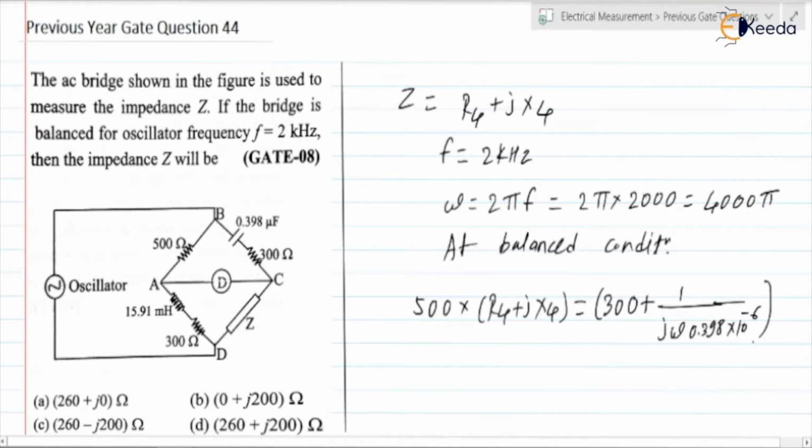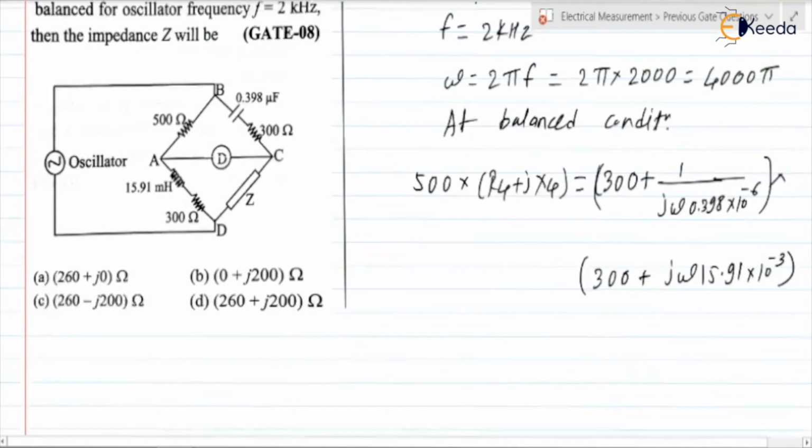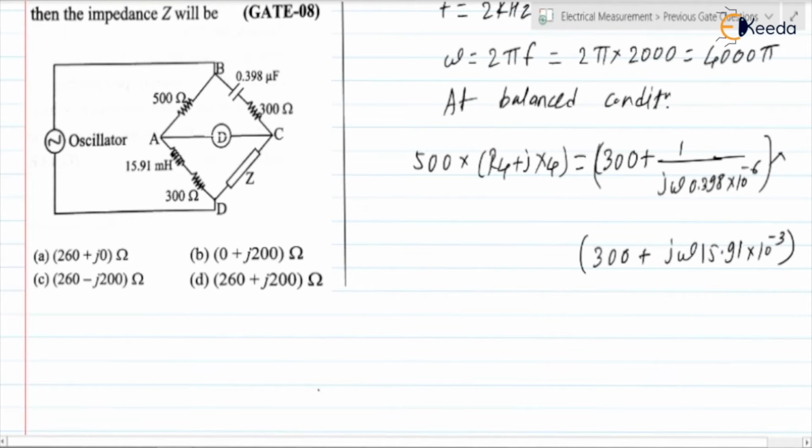This is the impedance of this branch, into 300 plus j omega L, so it is j into omega into 15.91 into 10 to the power minus 3. Okay, so this type of expression we will get.